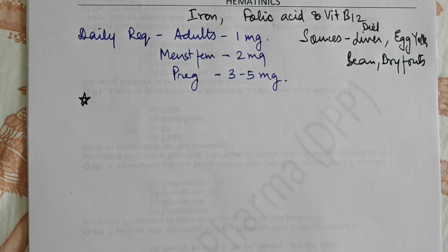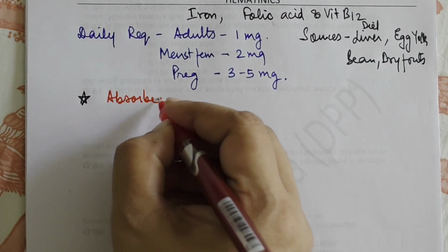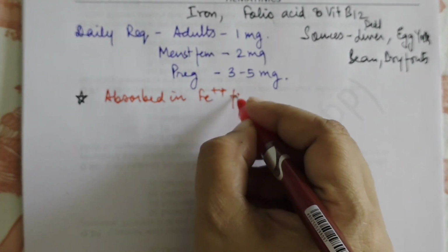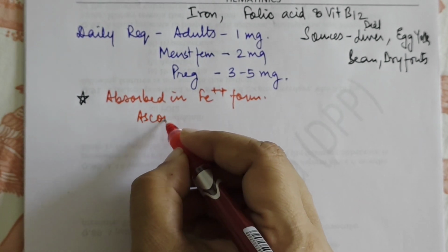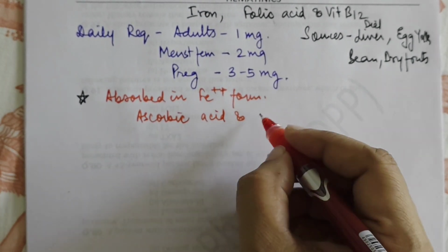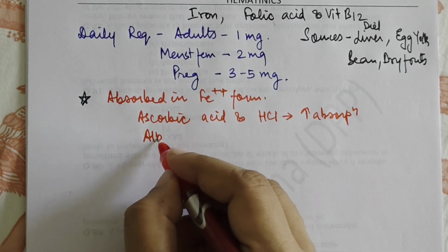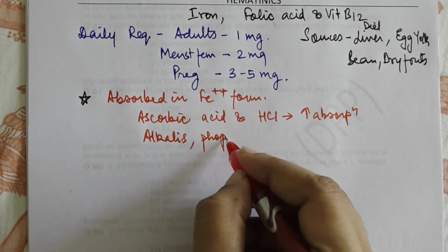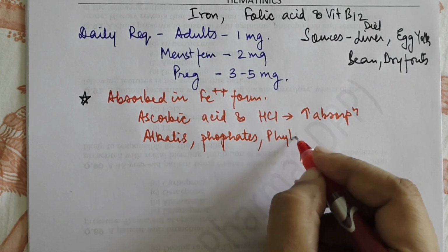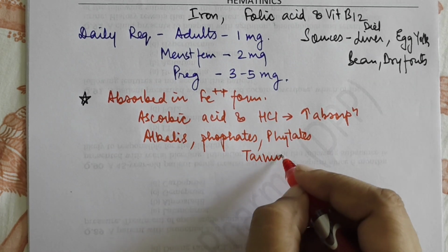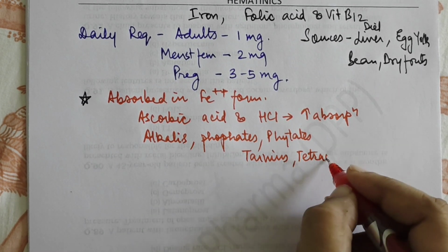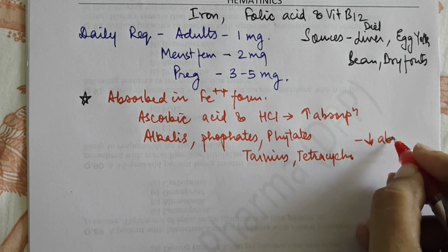Now an important thing about iron, that it is absorbed in ferrous form. Okay, so ascorbic acid and HCl, they increase the absorption, and alkalis, phosphates, phytates, tannins and tetracyclines, they reduce the absorption.